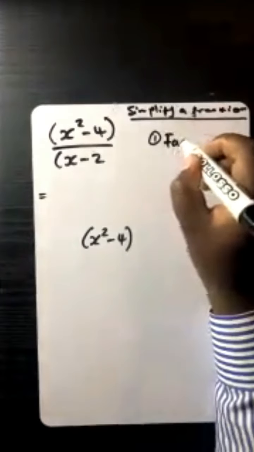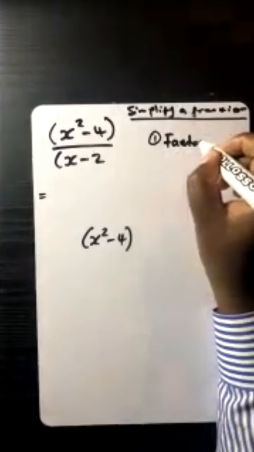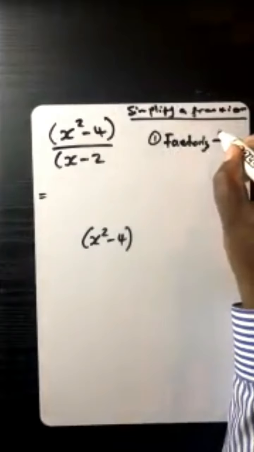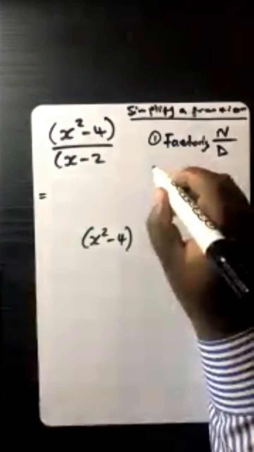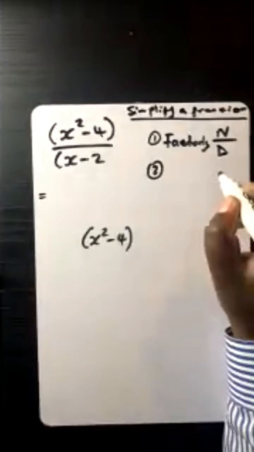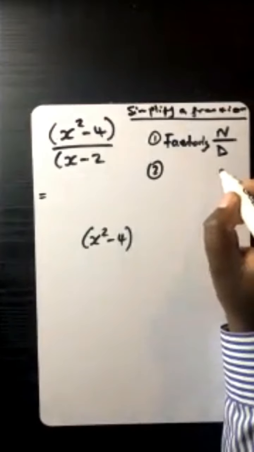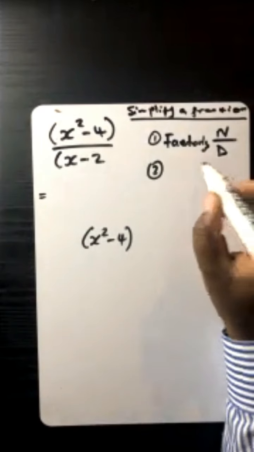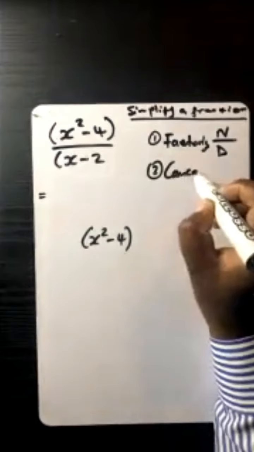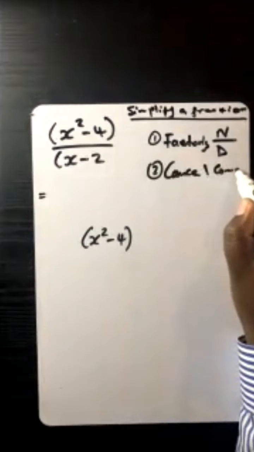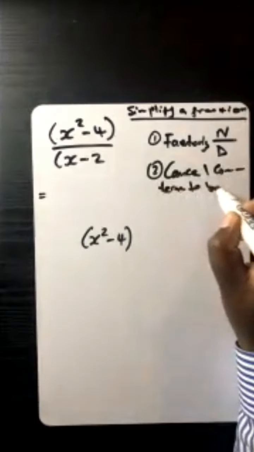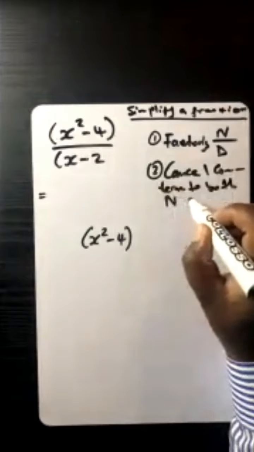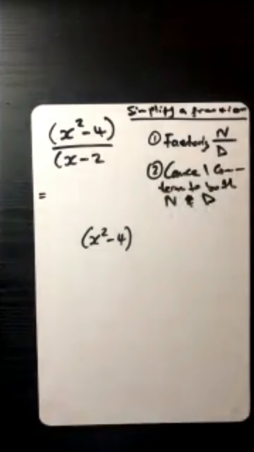So let me say: factorize the numerator and denominator. And then your last step, guys, is to cancel the common terms, or cancel the terms common to both. Let me say, in short, cancel common terms to both the numerator and denominator.